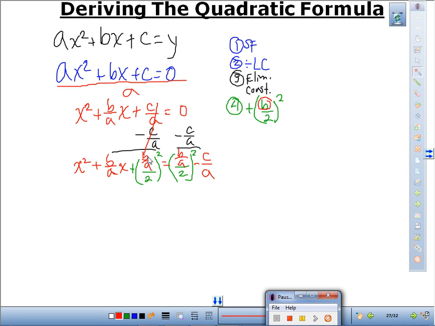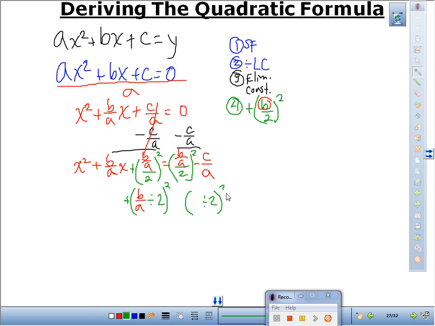That means I can rewrite this. Everybody look up. B over a divided by 2 squared. Does that look better? Yeah, right? It doesn't look as trippy as this one, right? So whatever I did to one side, I do to the other side. Okay, copy that, please.